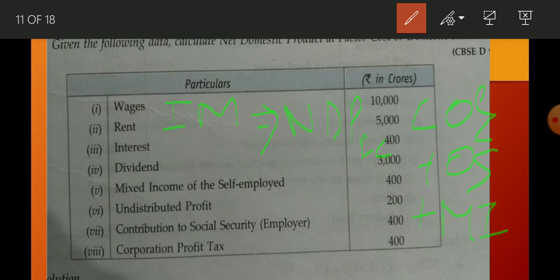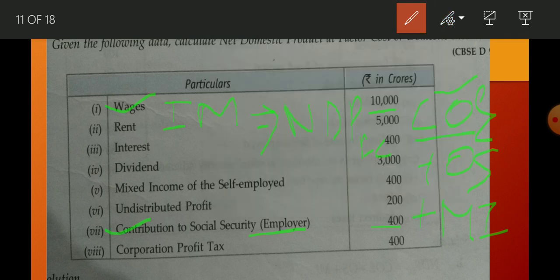Here the COE is not given directly, its parts are given. Wage is given, so when we add wage and contribution to social security by the employer, this 400 and 10,000, we get the value of COE.